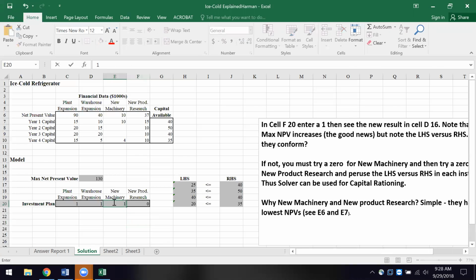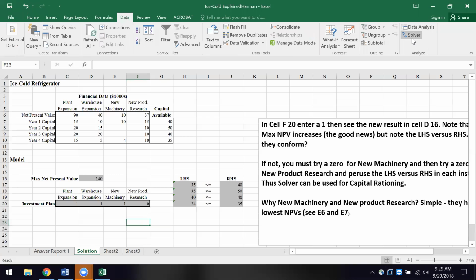And when we add the machinery back, the NPV goes up. So you can manipulate this and play around with it as you will. With this, we'll go ahead and click data, and there's solver.